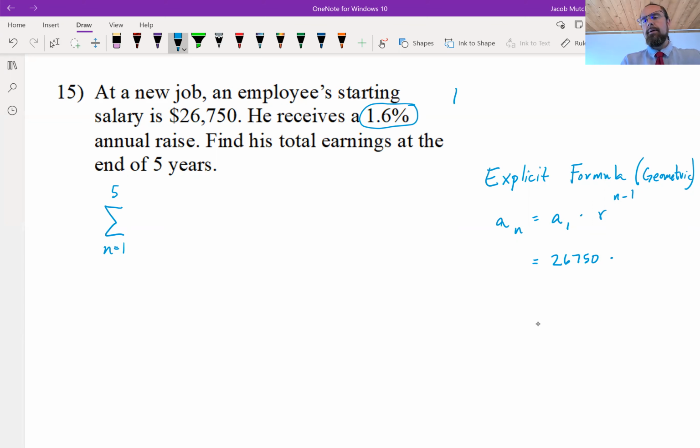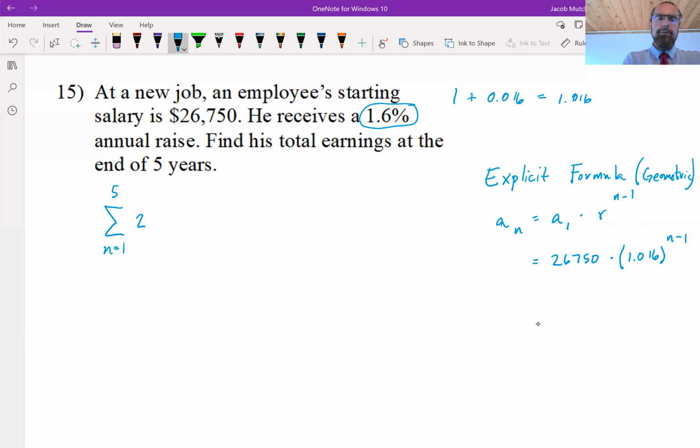We'll represent that by the 1 plus the decimal value 0.016. So this is going to be a decimal ratio. It's 1.016 to the power of n minus 1.